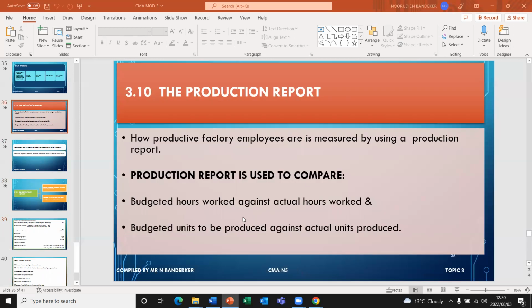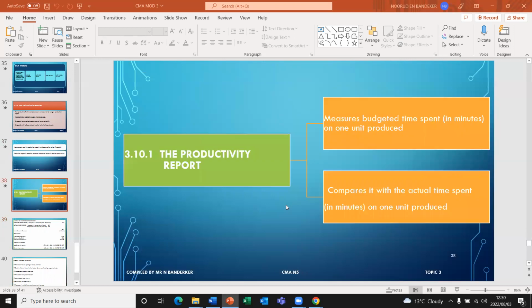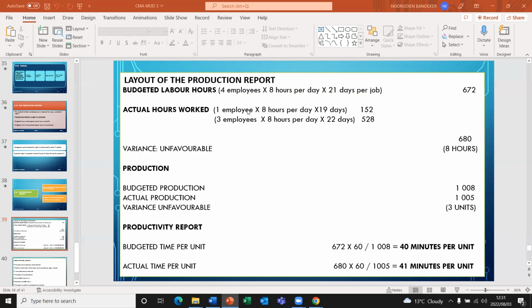You compare that with the actual hours worked. In this case, one person worked 8 hours per day for 19 days. Now, when a person is absent and not working, you cannot add those days as part of the days being in the factory or being productive.